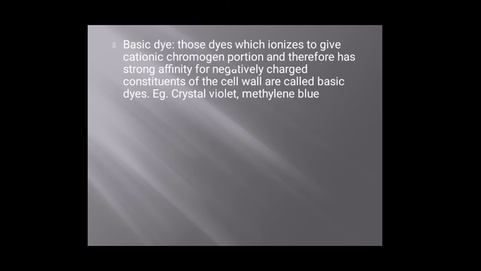These basic dyes are preferentially used for staining bacterial cells, because the bacterial cell wall carries a slightly negative charge, and due to that the positively charged basic dyes have an affinity towards the cell wall of the bacterial cell.